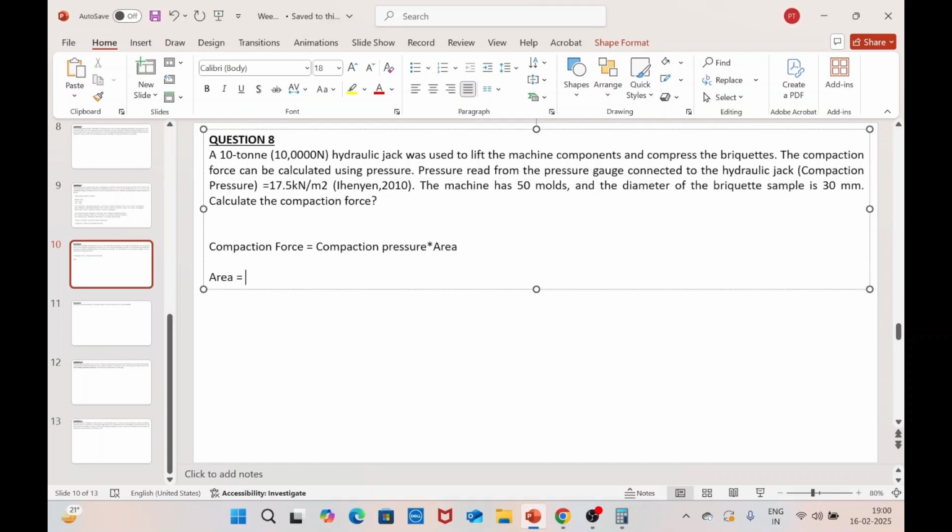Briquette, you are considering it as a cylinder with a diameter of 30 mm. So we are bothered only about the cross-sectional area, which would be nothing but pi by 4 d square. We are only considering the circular part of our briquette, which is subject to the pressure.